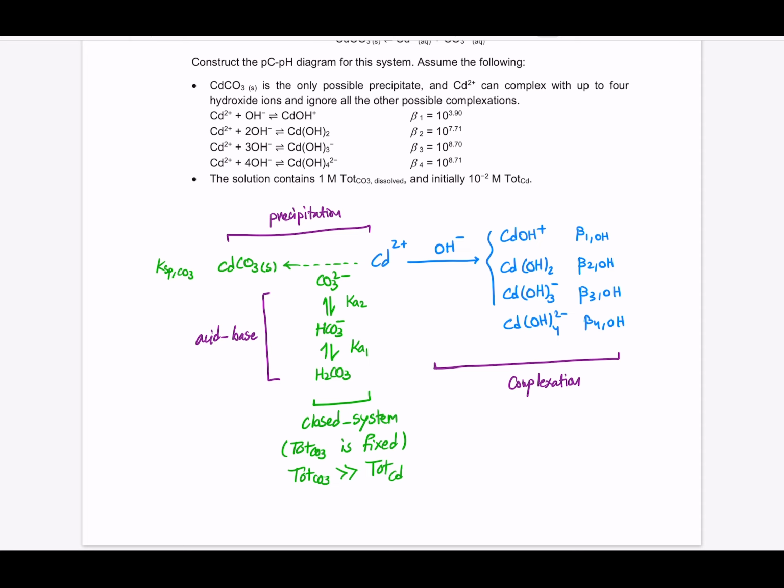So the reason this kind of diagram is very useful, the first thing is it gives you all the species. For example, these are the cadmium-containing species in the aqueous phase. It gives you all the reactions with their constants. So I have 4 reactions here, 5 and 3 reactions here.